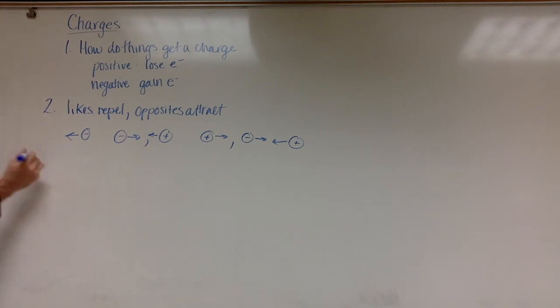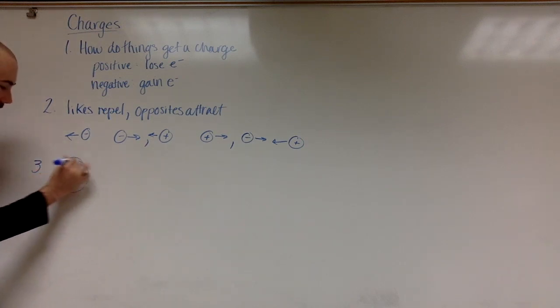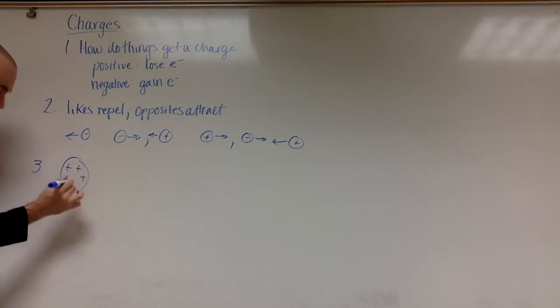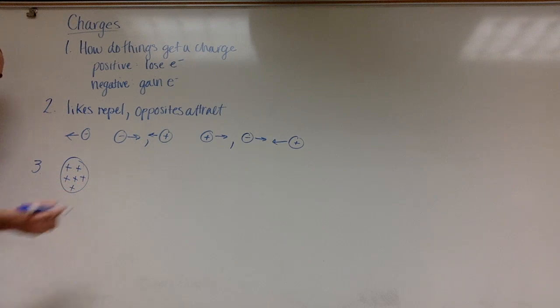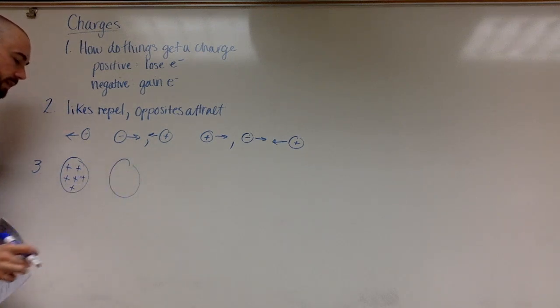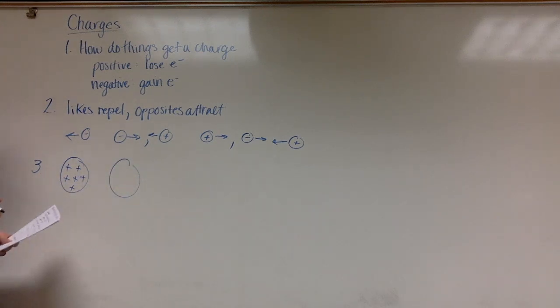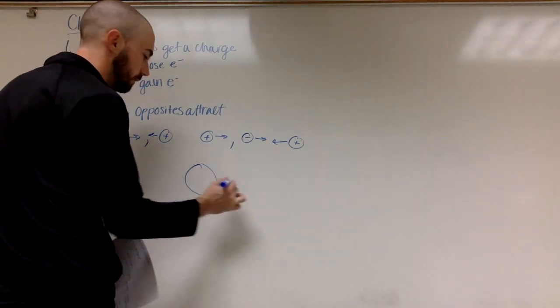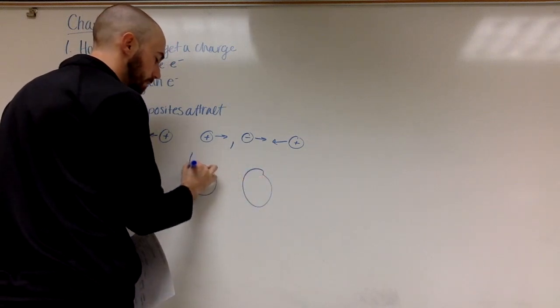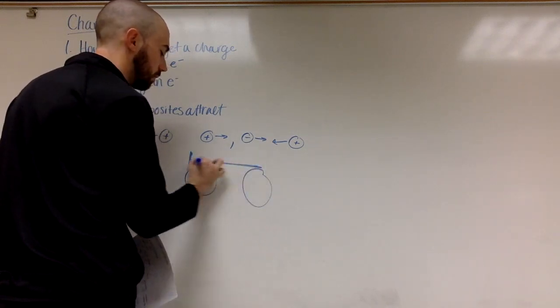Up next, let's say I've got some kind of sphere that has a charge on it. This one's got, let's say, 6 positive charges, a net 6 positive, and this one has a net 0. In one case, I'm going to put a nail across them.